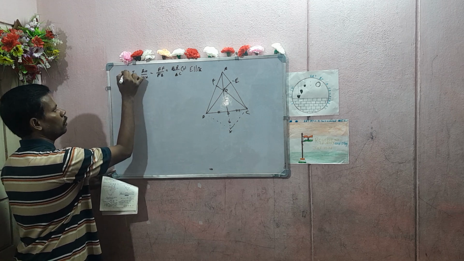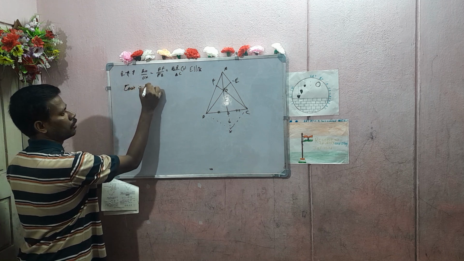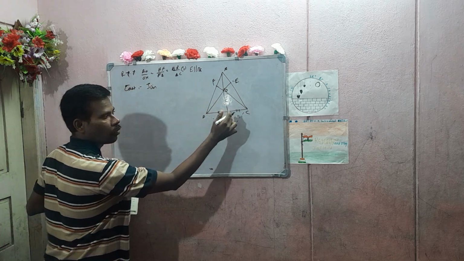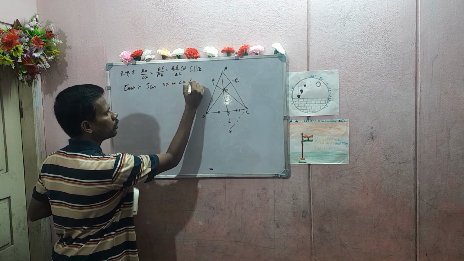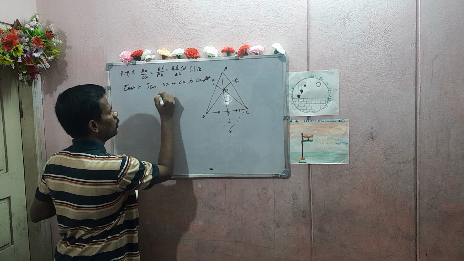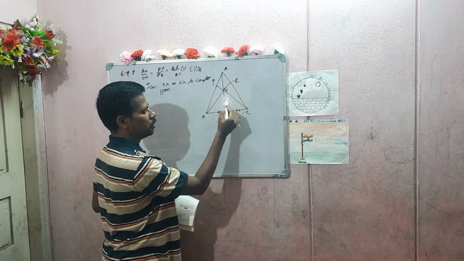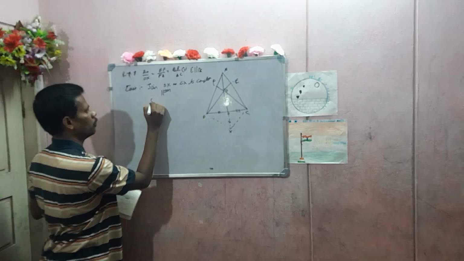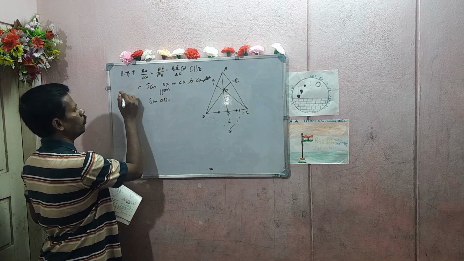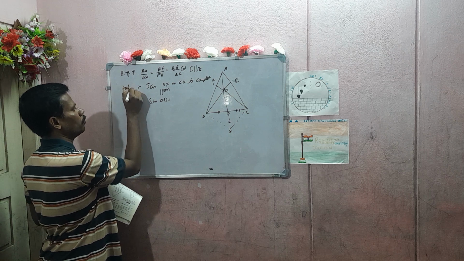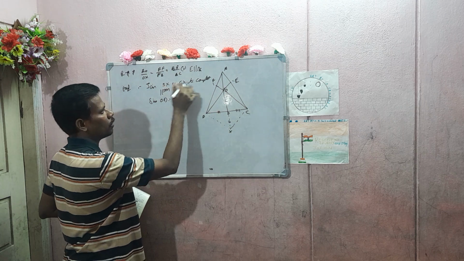Next, construction: join BX and CX to complete the parallelogram. Proof: join BX and CX to complete the parallelogram.